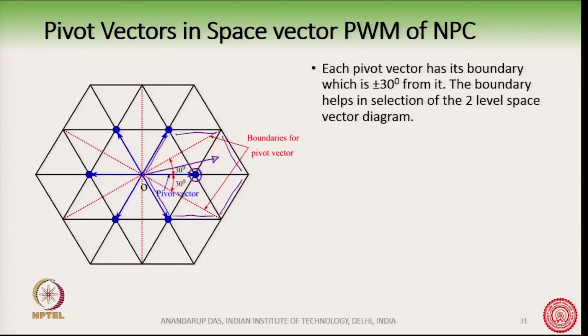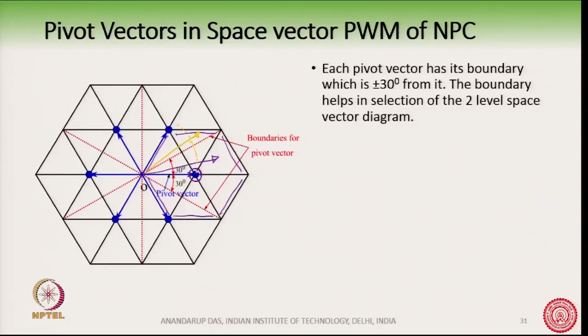Okay. However, if the reference vector goes here, the reference vector is rotating like this. Once the reference vector comes to this position, which is shown by this yellow color line, then we have crossed the boundary of this pivot vector.